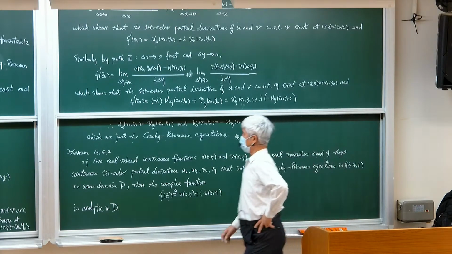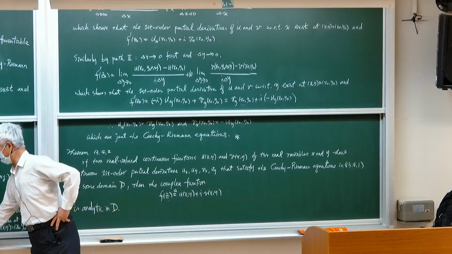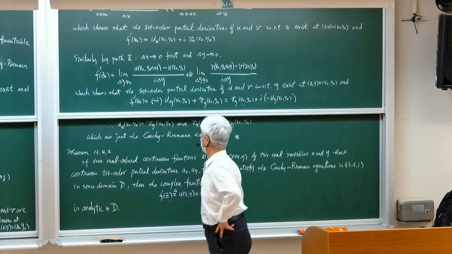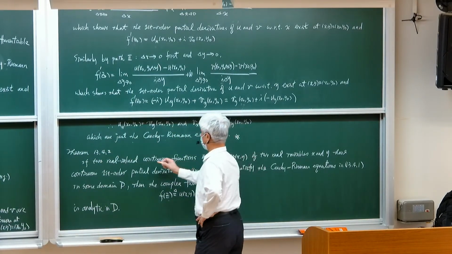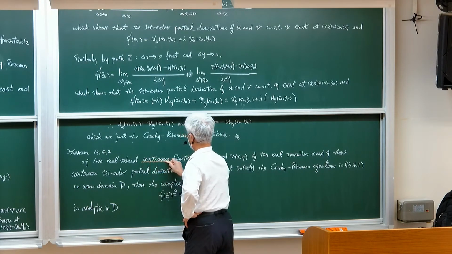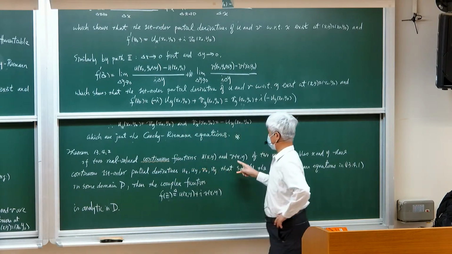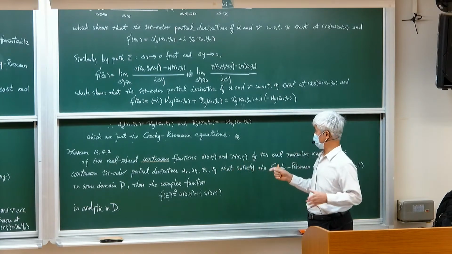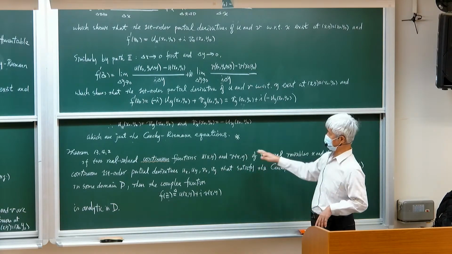So here, the statement of the theorem says that first of all, we have two real valued continuous functions u and v, so they are continuous in a domain.